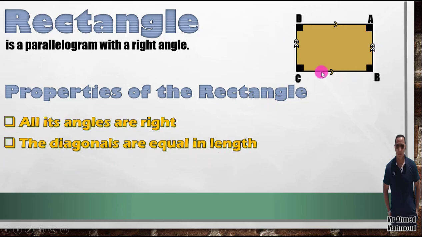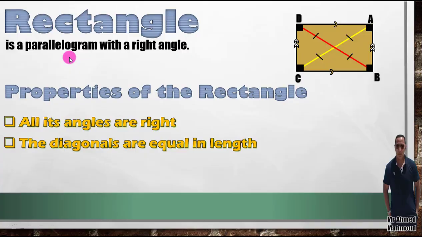The diagonals of a parallelogram are not equal, but they bisect each other. Here, the diagonals of the rectangle bisect each other, and also they are equal in length. For example, if AC equals 10 centimeters, then BD also equals 10 centimeters. These are the special properties of the rectangle, and we say that the rectangle is originally a parallelogram.